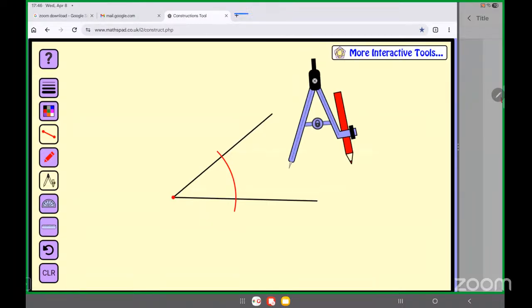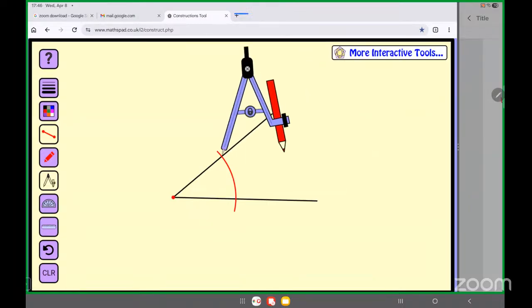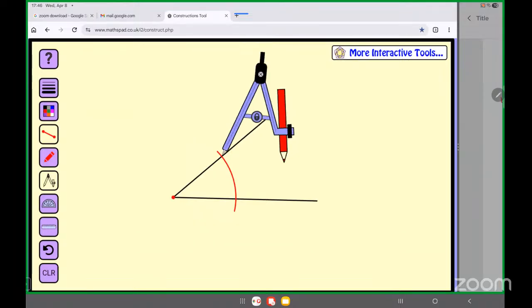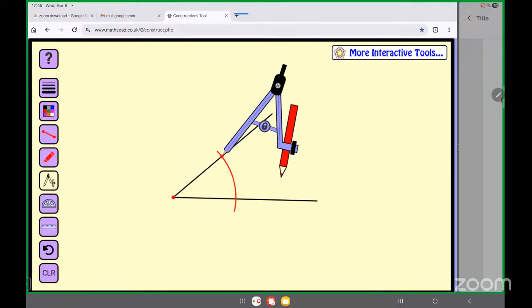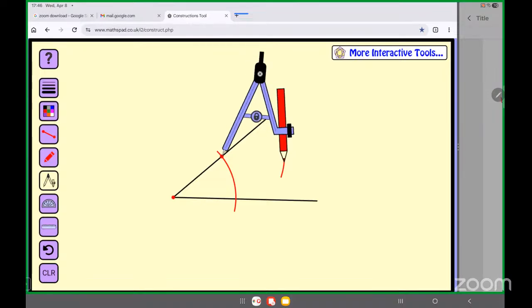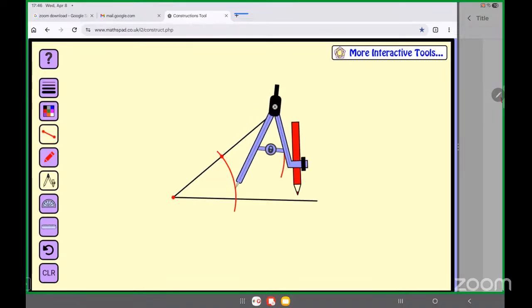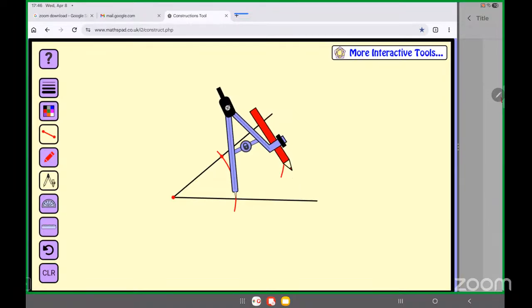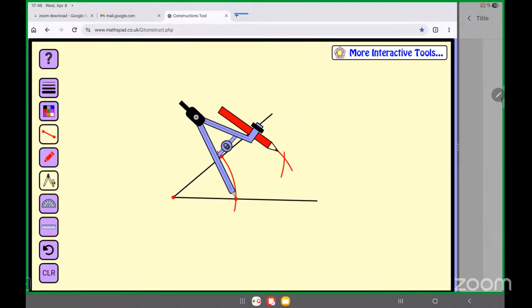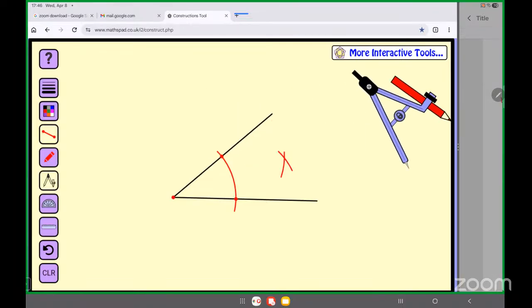You come to this end of it, and you make an arc out here. Come to the other end of the arc of the angle, and you cross that first one. When you draw a straight line through the intersection here, that line bisects that angle.